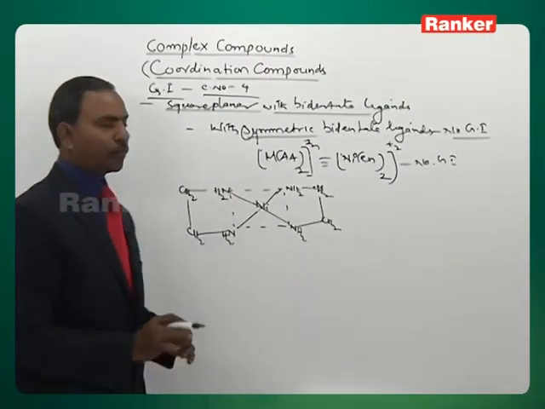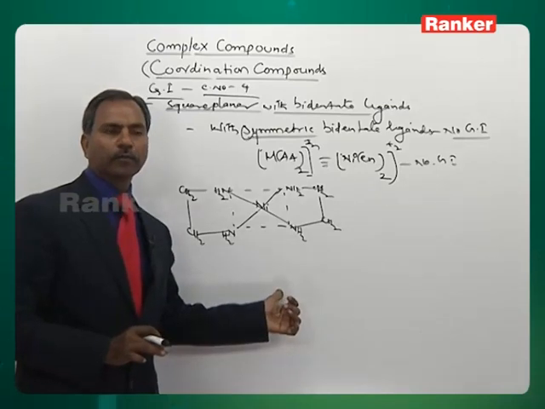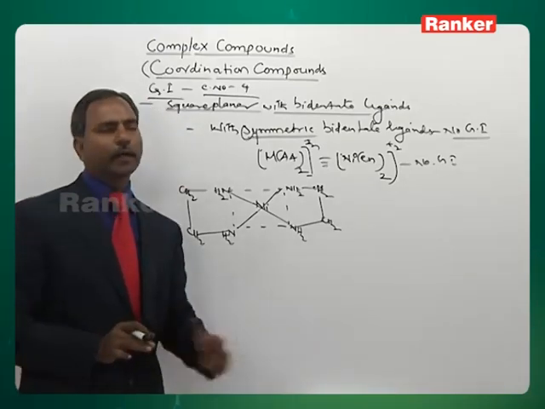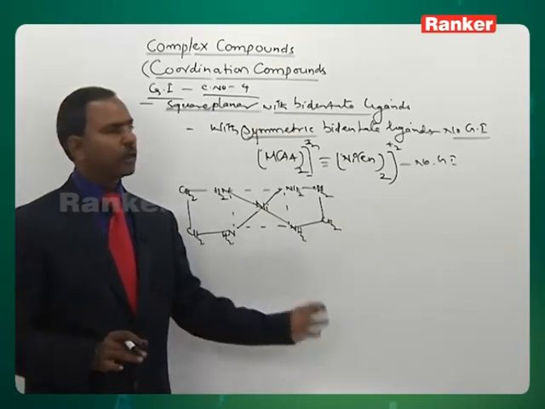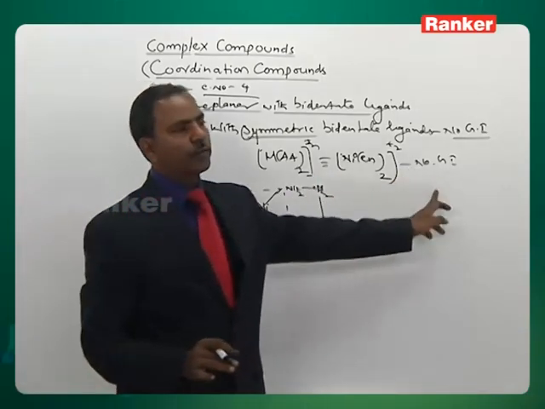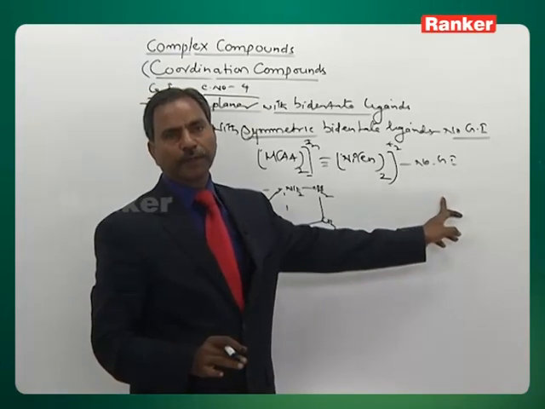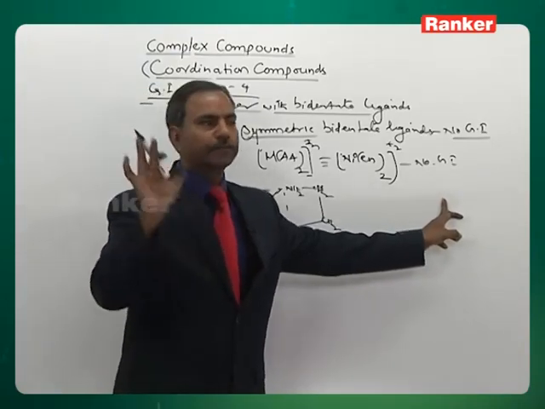See, all four corners are occupied by nitrogen atoms. Can you generate a second geometry? No. In no way can we write a second geometry for this. Therefore, this complex does not exhibit geometrical isomerism.